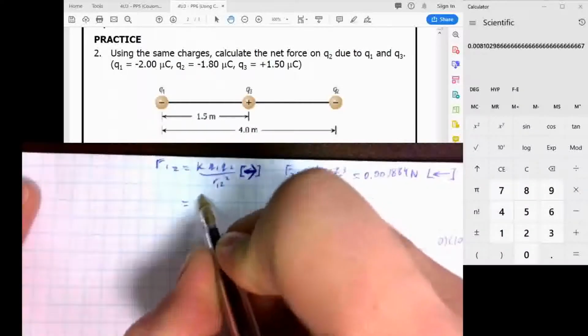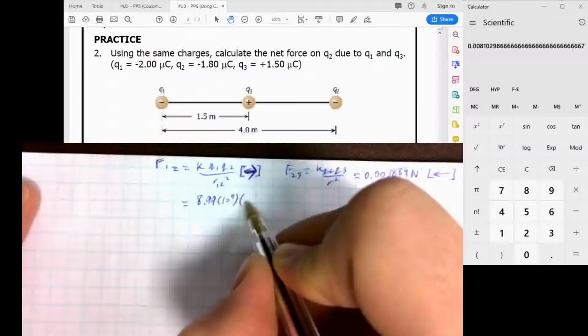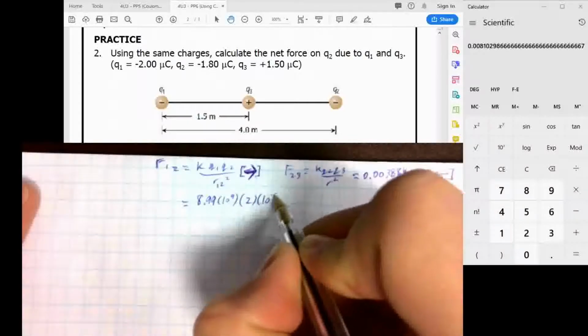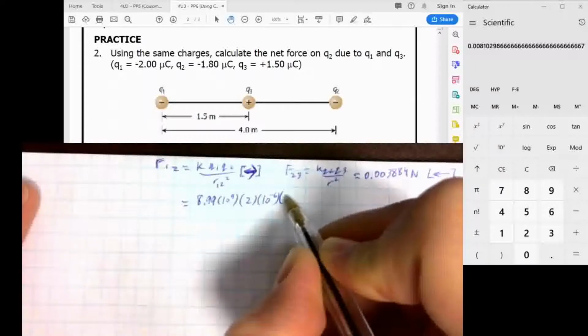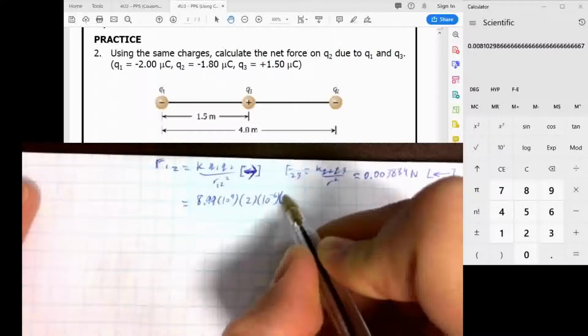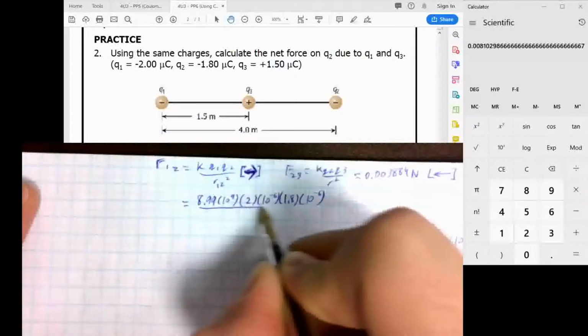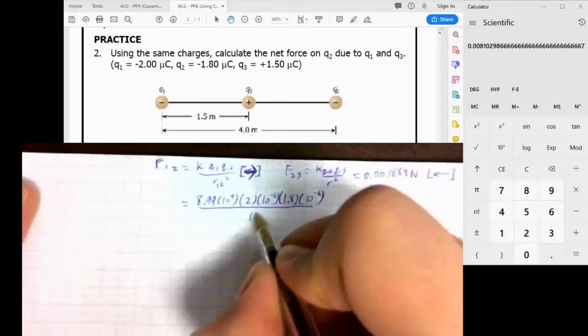So this is 8.99 times 10 to the power of 9. Q1 is 2 times 10 to the negative 6, and Q2 is 1.8 times 10 to the negative 6. The distance between these is actually 4.